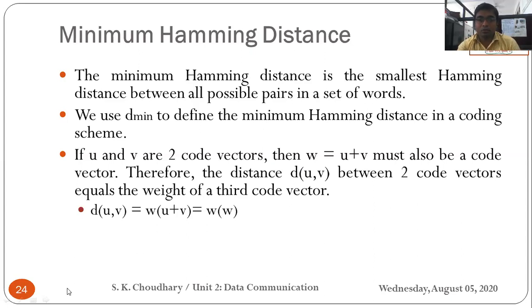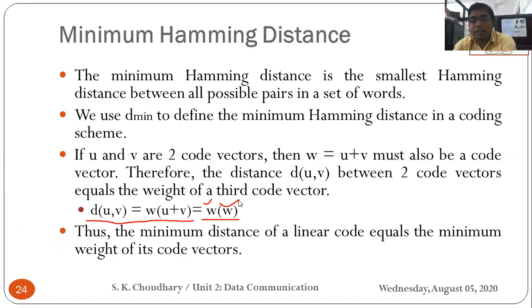That is shown here: d(U,V) is equal to the weight of U plus V, or weight of W. Here the first w represents the weight and the second W is the third code word. Thus, the minimum distance of a linear code equals the minimum weight of its code words. That is all about the minimum Hamming distance.